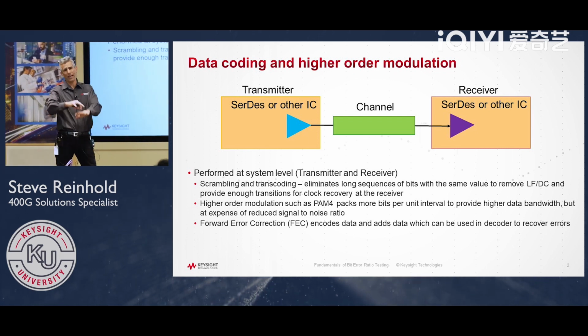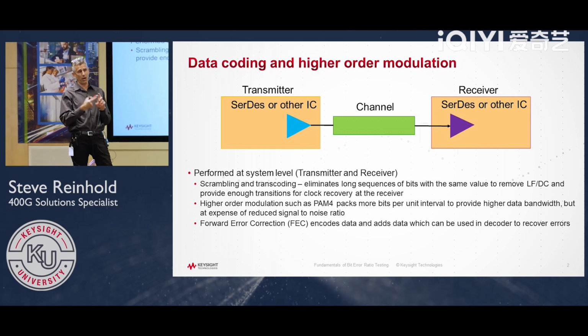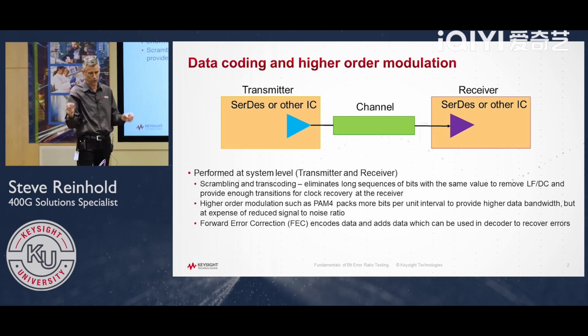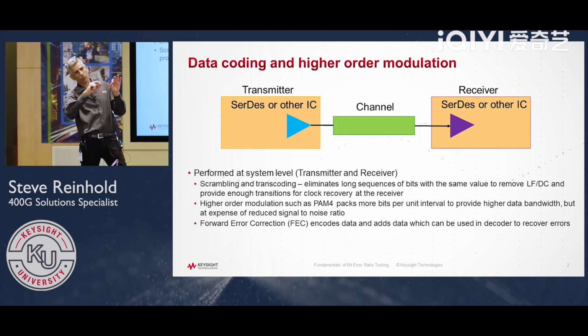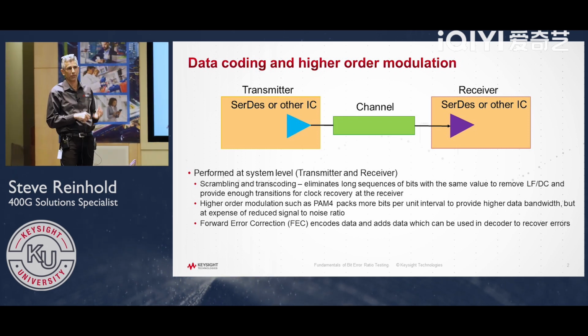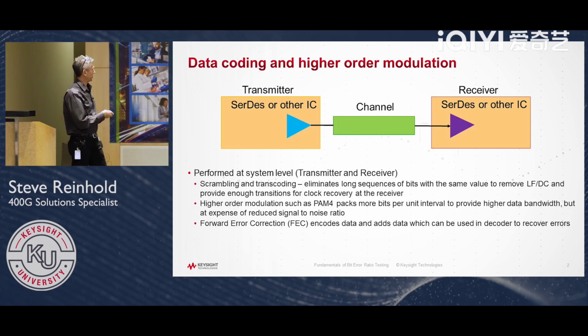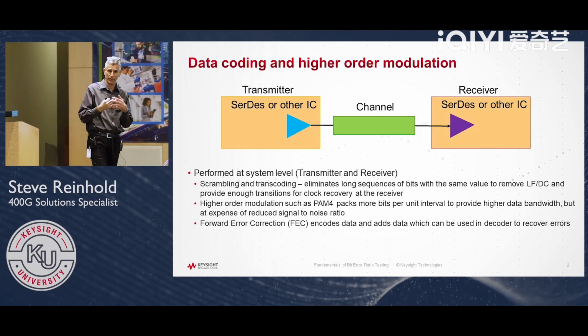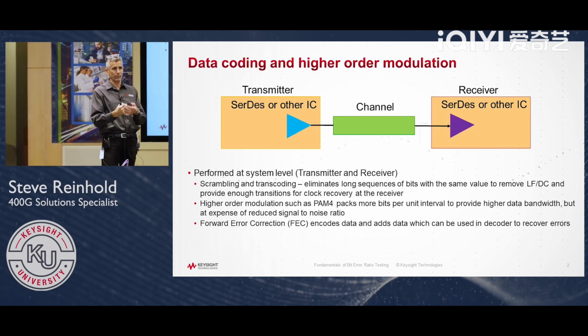But if you had real data, TV pictures or something, and you didn't bother to encode them, you could have virtually infinitely long non-transition, like a whole bunch of ones in a row, or zeros in a row, or twos or threes if you're on PAM signaling. But we do coding to ensure that that doesn't happen. So they scramble the signal so that it has a minimum number of transitions.